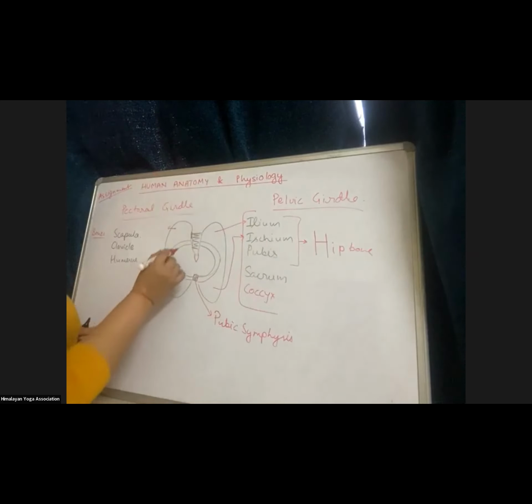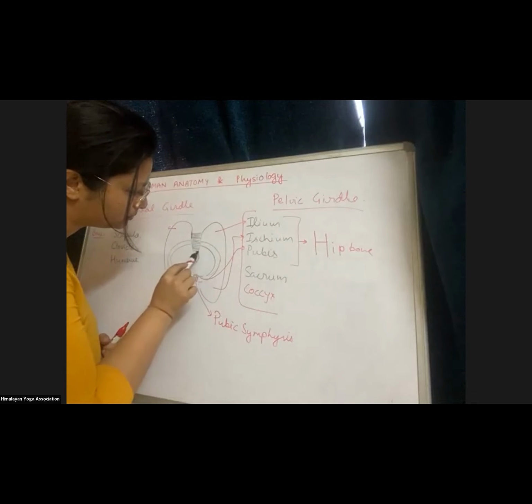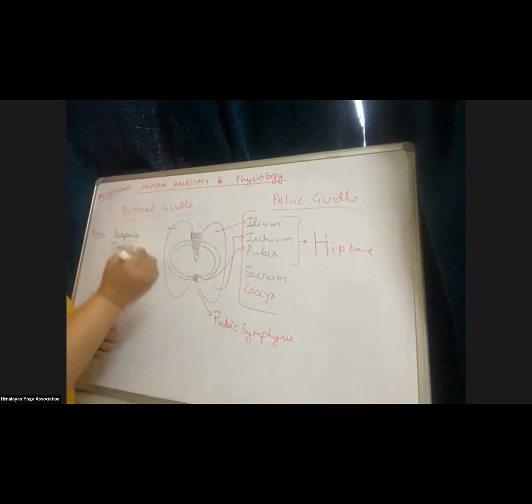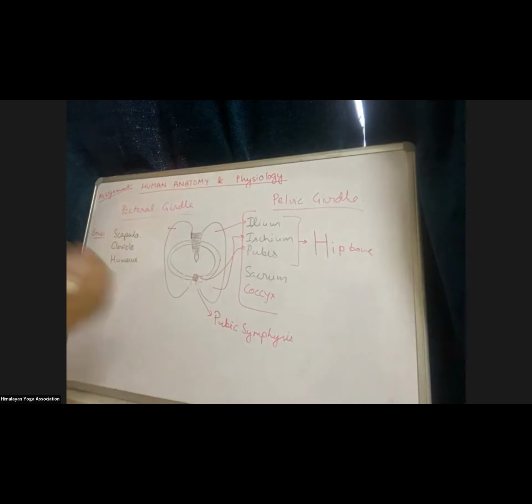And what is this area? That's the pubis. Then what is this part? The sacrum. And this? The coccyx. Very good.